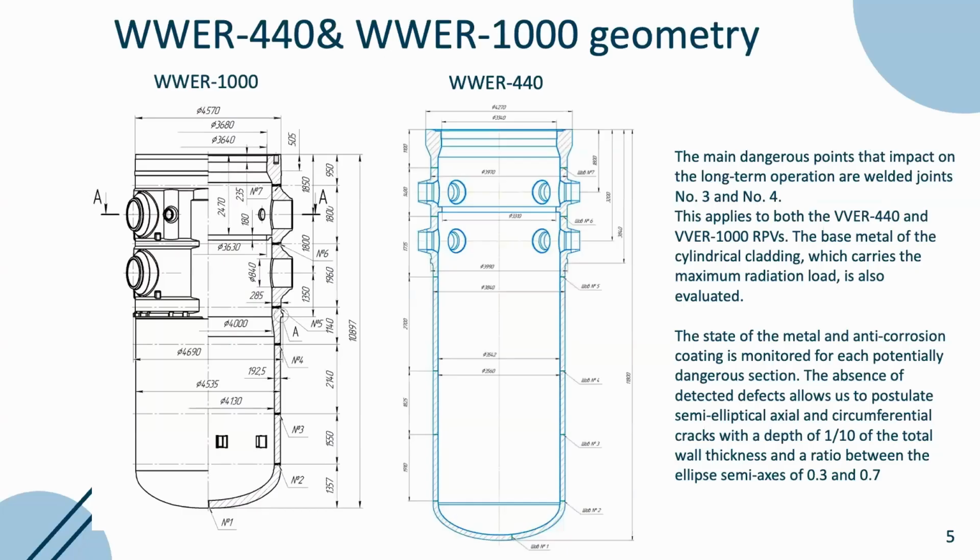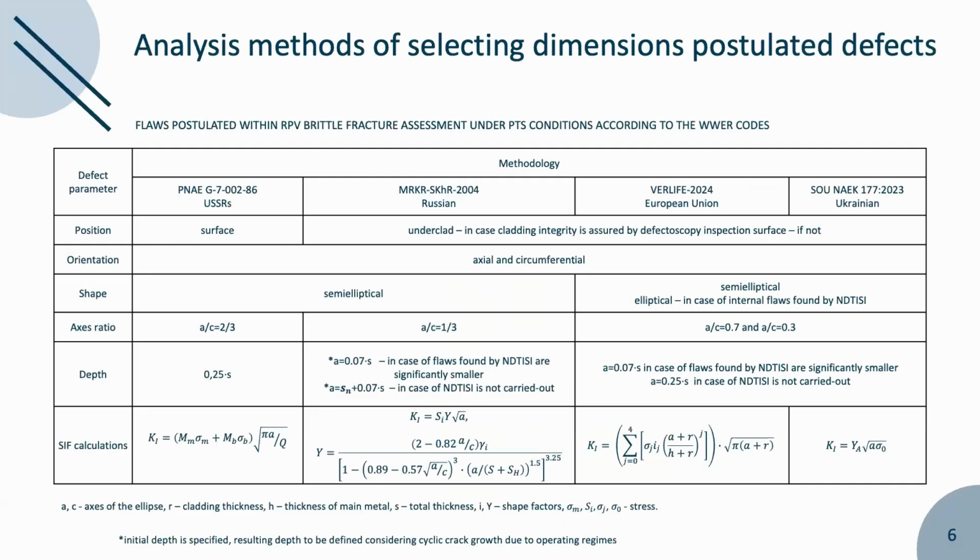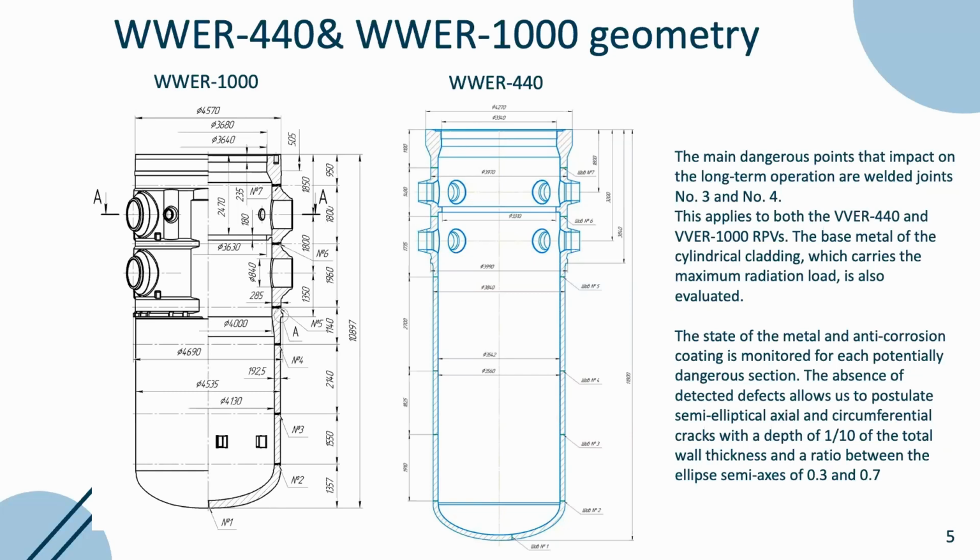In Ukraine, two types of nuclear units are used. The first one is VVER-1000, and the second unit is VVER-440. The main dangerous points for the impact on long-term operation are weld joints number 3 and number 4.